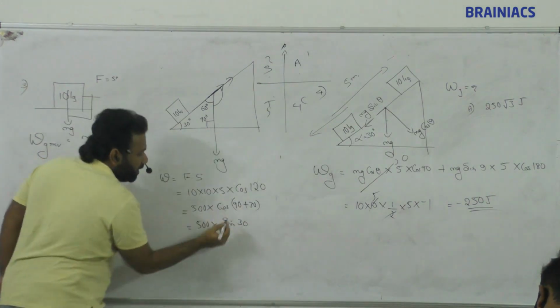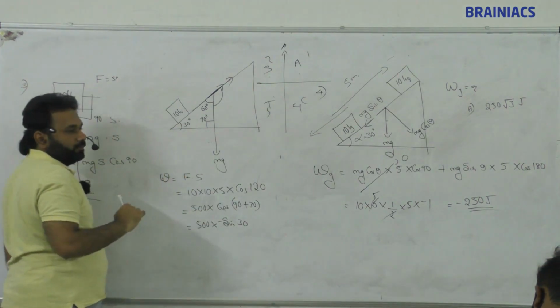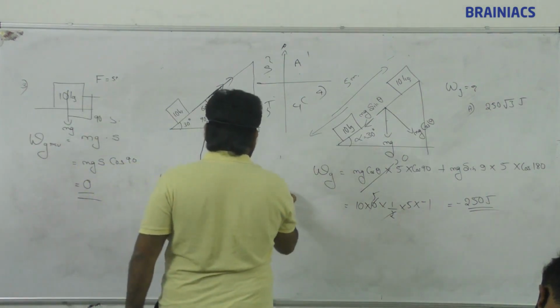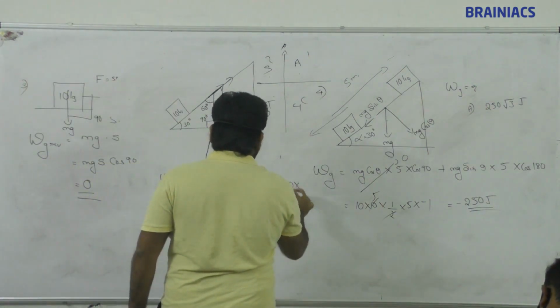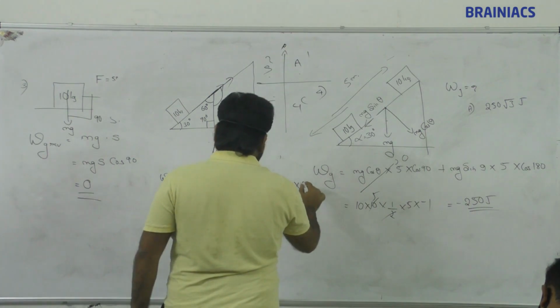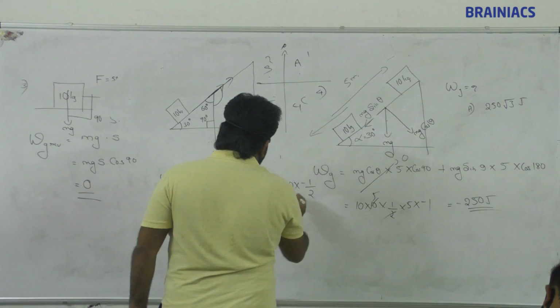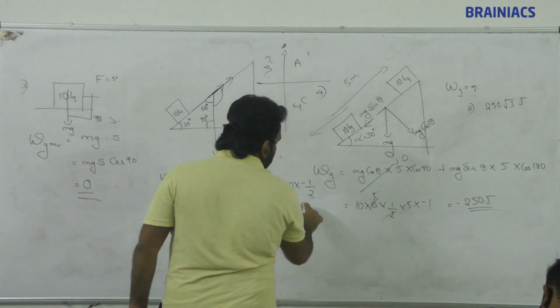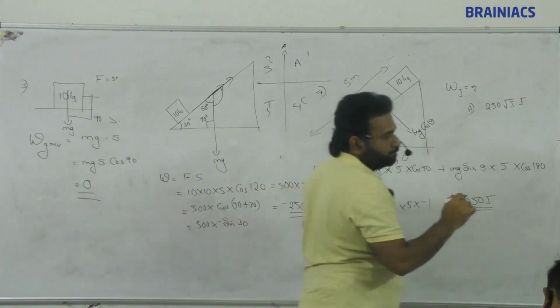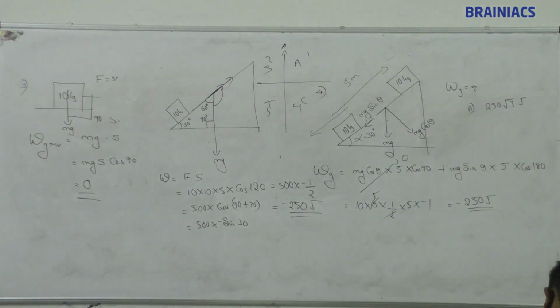So this is 500 into minus 1 by 2, minus 250 joule.